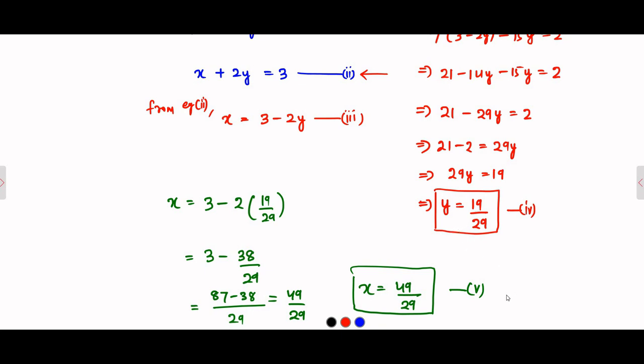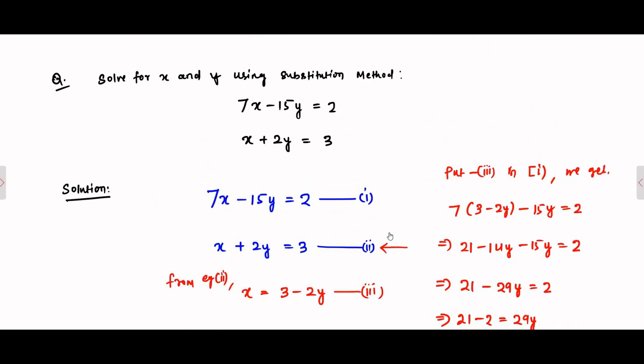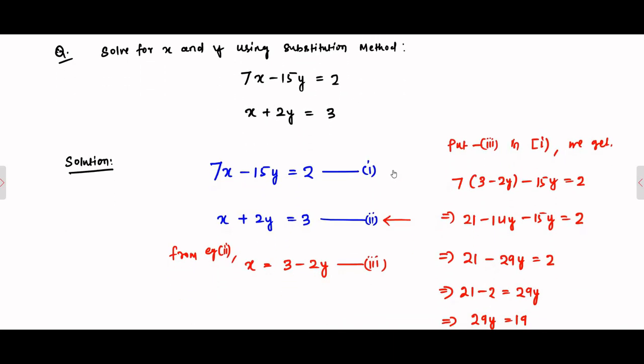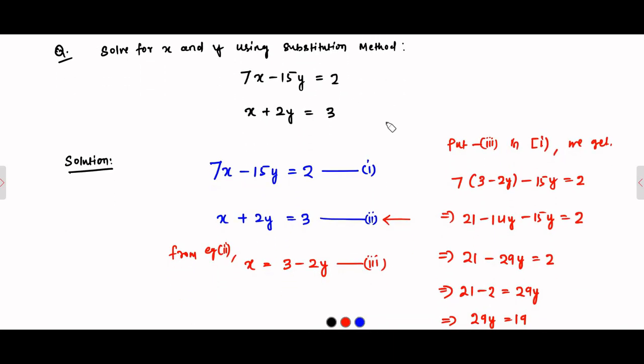So the solution of the pair of linear equations in two variables is x is equal to 49 by 29, y is equal to 19 by 29. These two are the solutions.